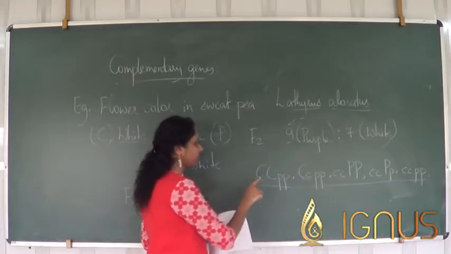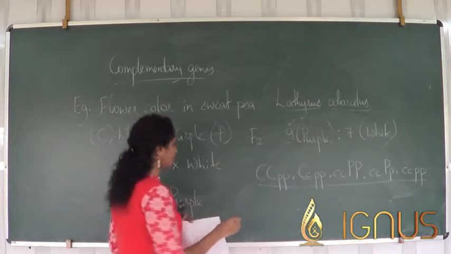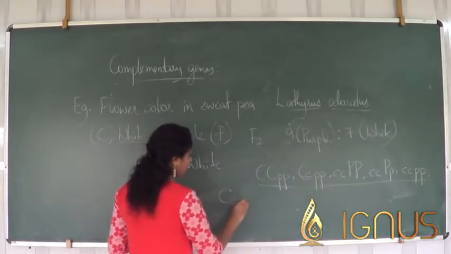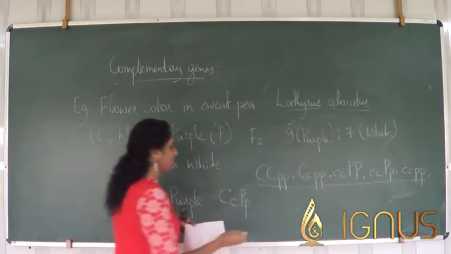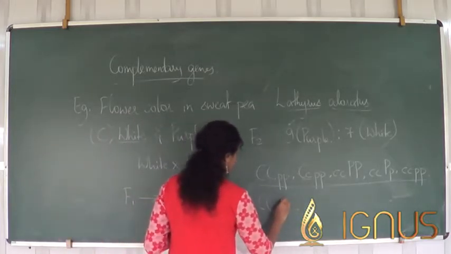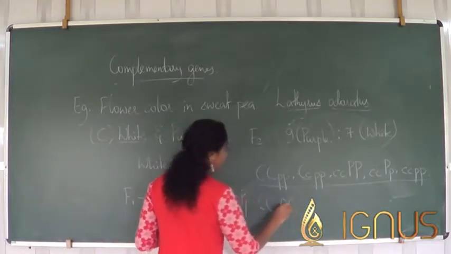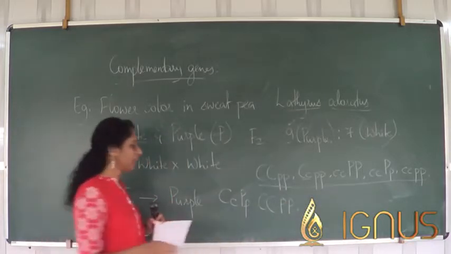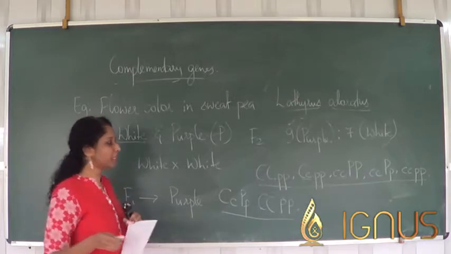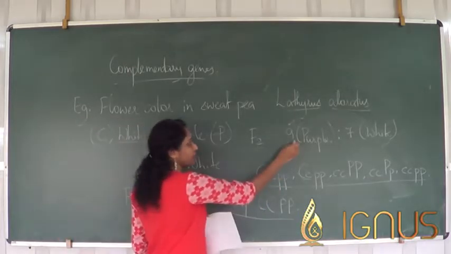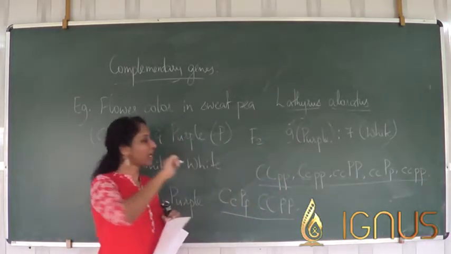So if both of them are dominant, if you have a heterozygous dominant, you will get purple. If you have homozygous dominant, you would have purple color. So it needs to be either heterozygous or homozygous dominant, only then you have purple colored flowering plants.